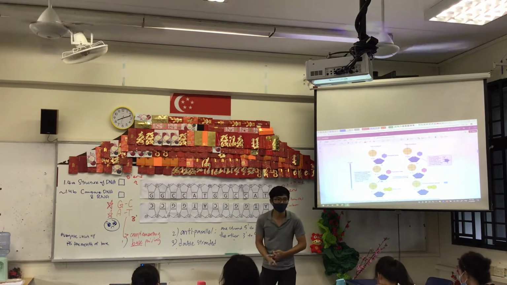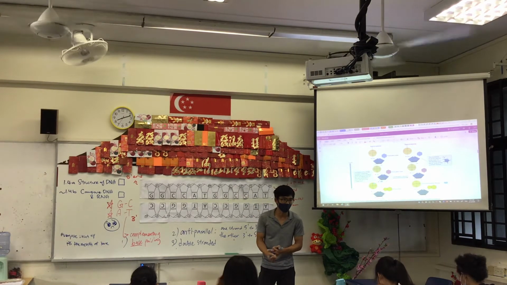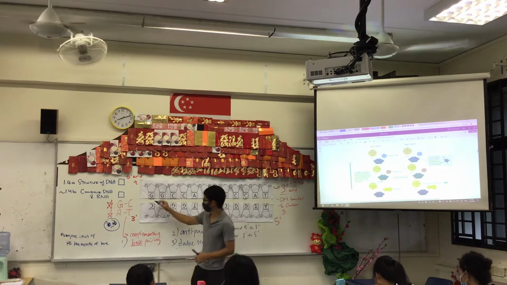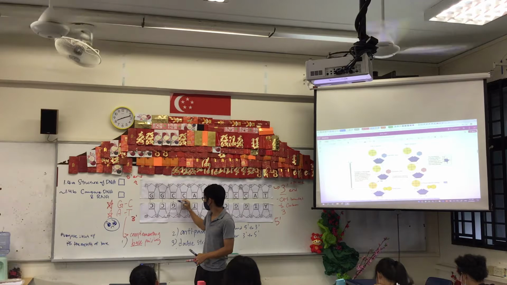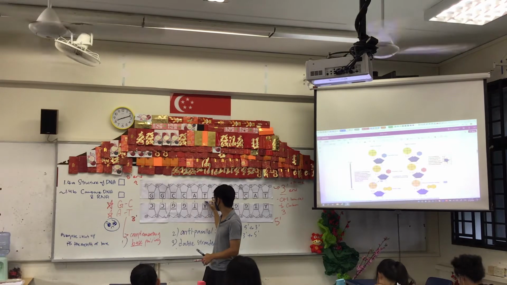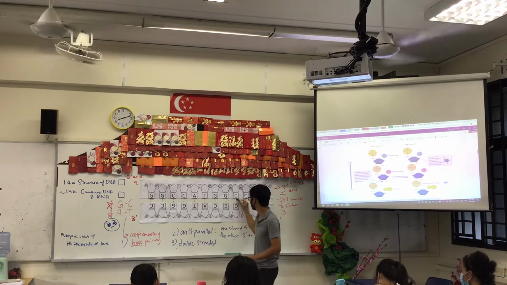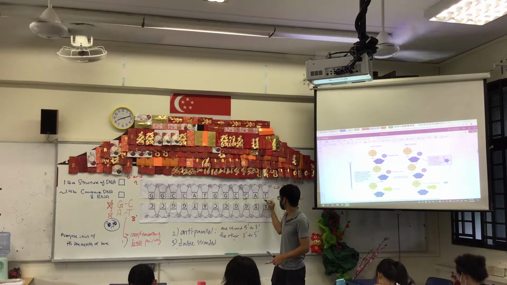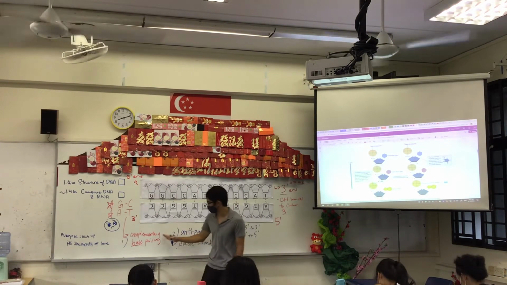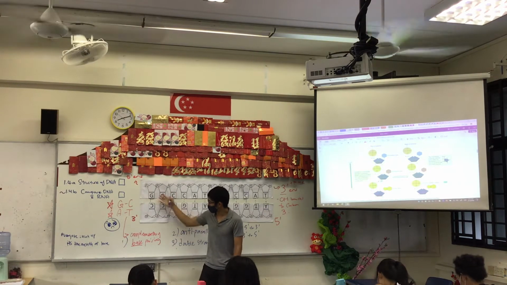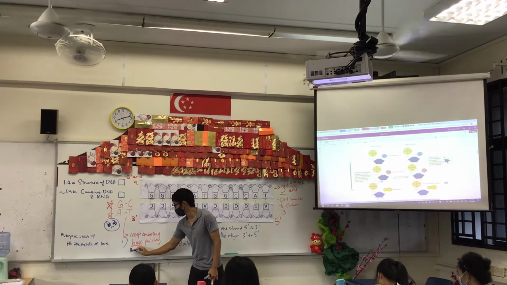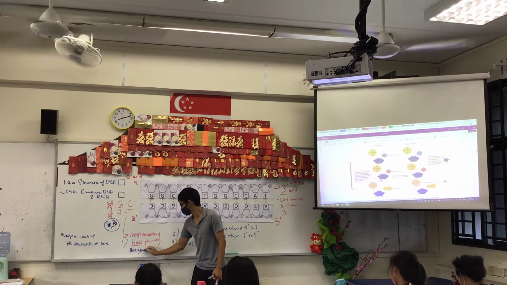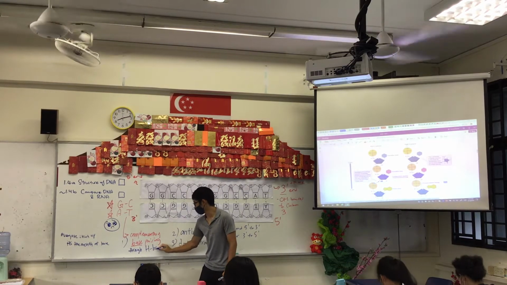Actually, they hold themselves together by a particular bond you've already heard of before. It's called hydrogen bonding. So between the bases, there's hydrogen bonding. I'd like to add on to what we've learned just now: complementary base pairing through hydrogen bonding.